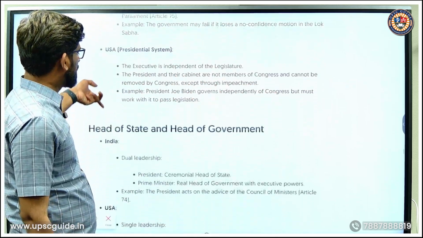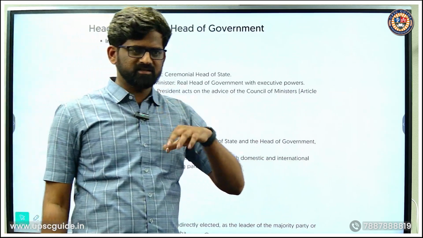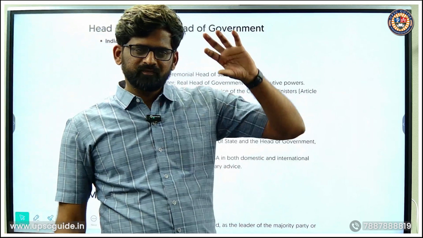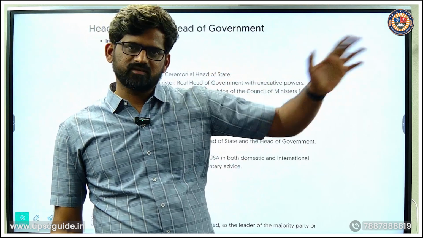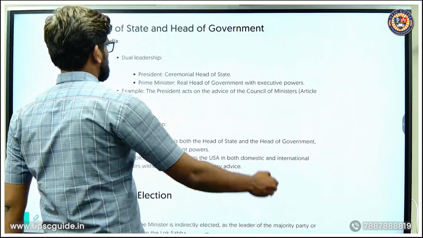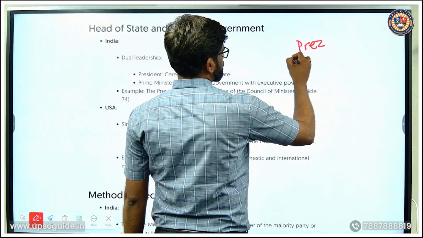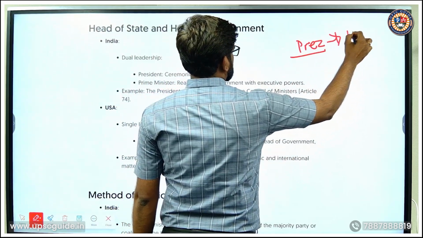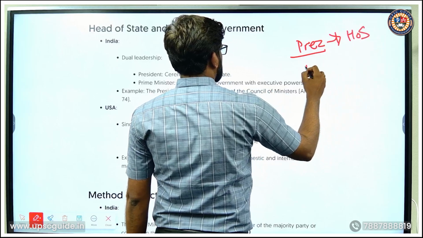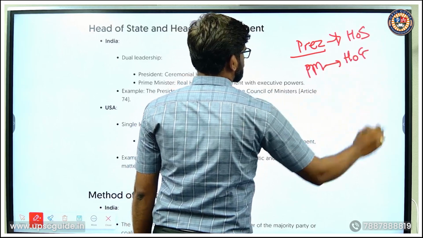Next is the head of the state. We know that in India, though there is a dual polity, the head of the state is different and the head of the government is different. That is, the president is the head of the state and the PM is the head of the government.